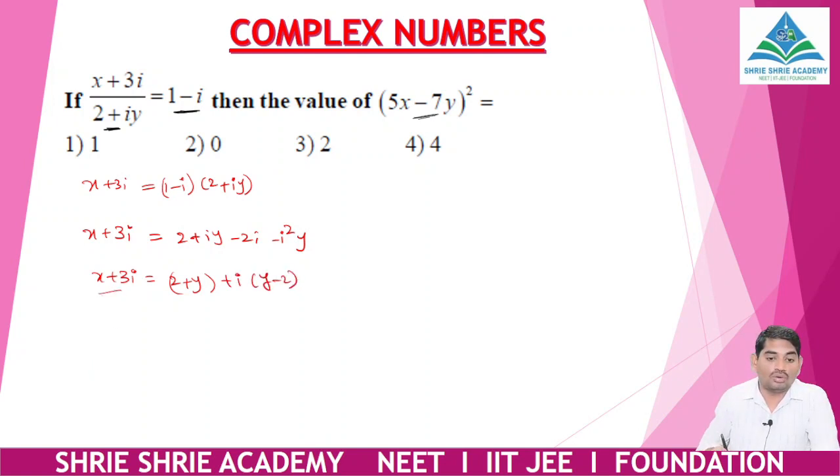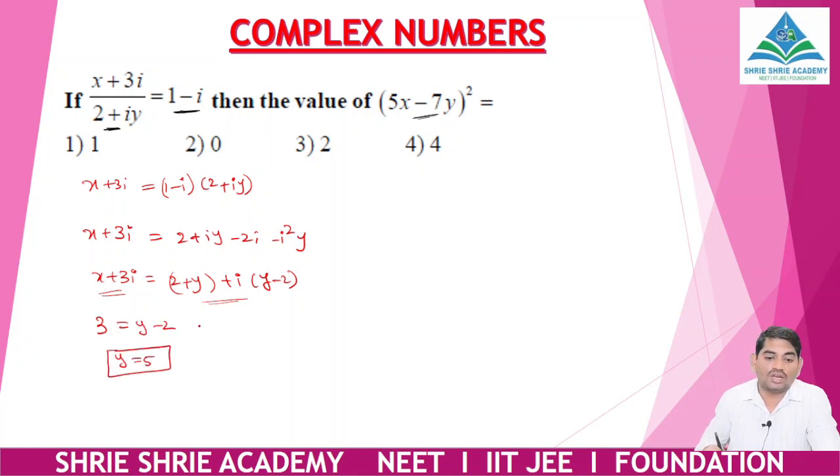Students, I already told you, when we equate two complex numbers, always the real part is equal to the real part and the imaginary part is equal to the imaginary part, according to the equality principle of complex numbers. So on the left side, what is the imaginary part? 3. On the right side, the imaginary part is y minus 2. So y is equal to 5.